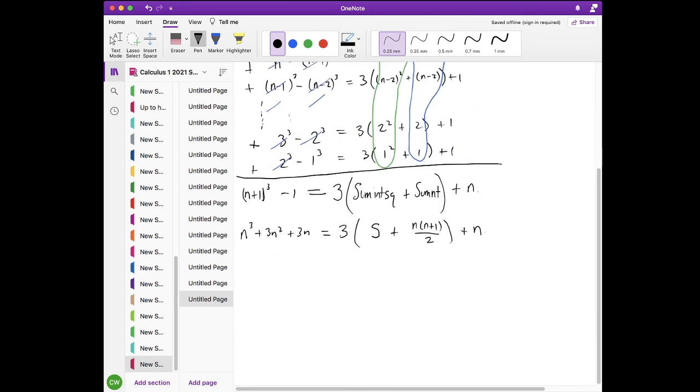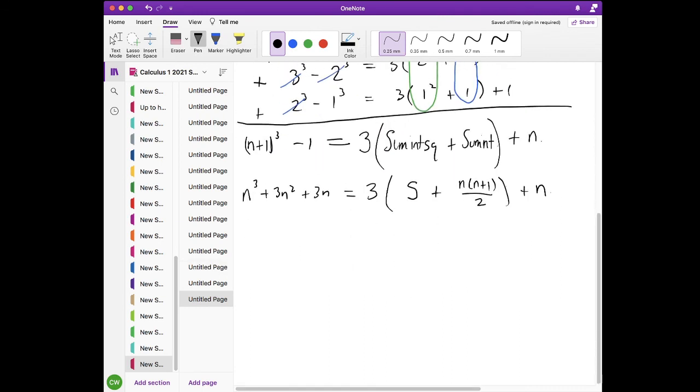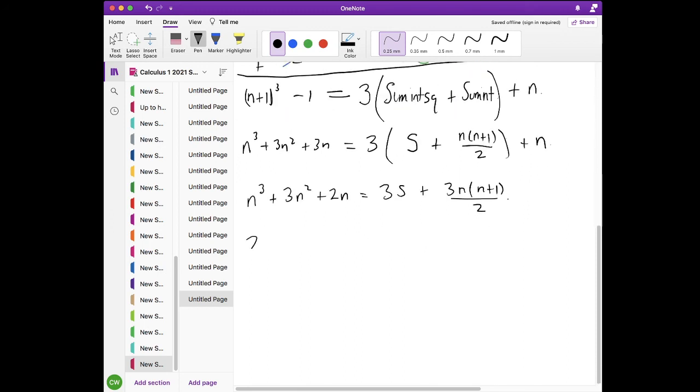Okay, now let's solve for s. If I subtract n on both sides, we get n cubed plus 3n squared plus 2n is equal to 3s plus 3n times n plus 1 over 2. So now multiply 2 on both sides. We get 2n cubed plus 6n squared plus 4n is equal to 6s plus 3n times n plus 1.